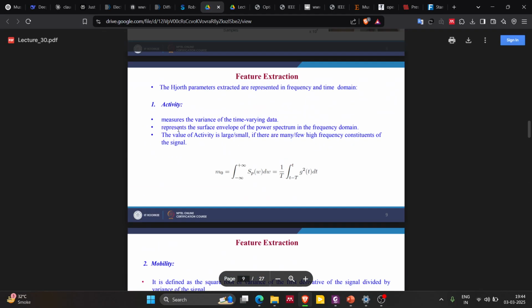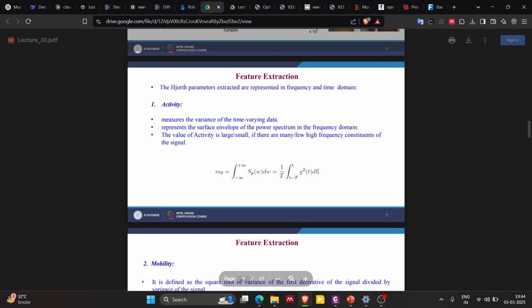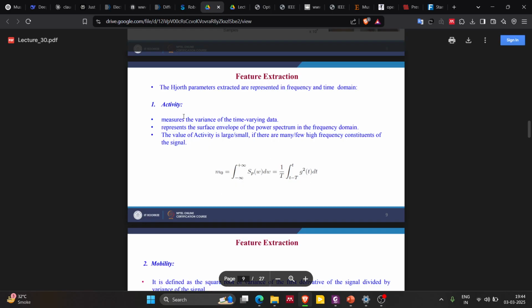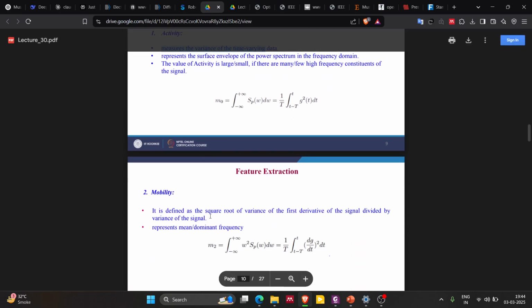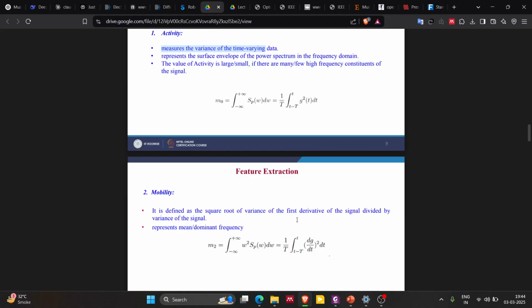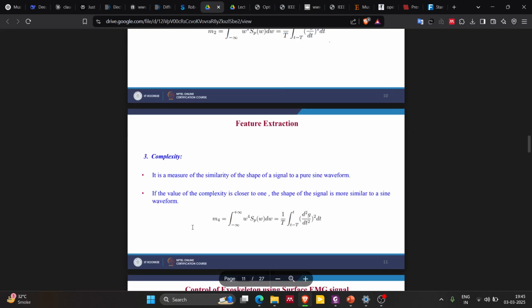Please do remember this part. Activity measures the variance of the time data. Mobility is defined as the square root of the variance, representing the mean dominant frequency. So this is what mobility means. And what does complexity refer to?